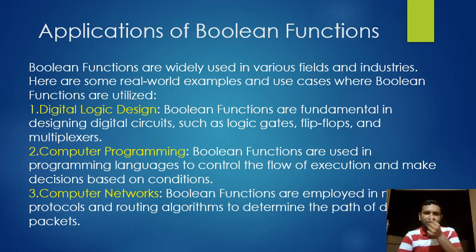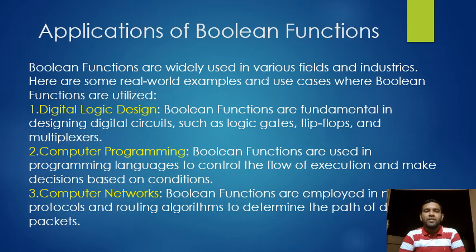And computer programming is also an application of Boolean functions. They are used in programming languages to control the flow of execution and make decisions based on conditions. That is, the control flow statements used in computer programming languages are all similar to Boolean functions.